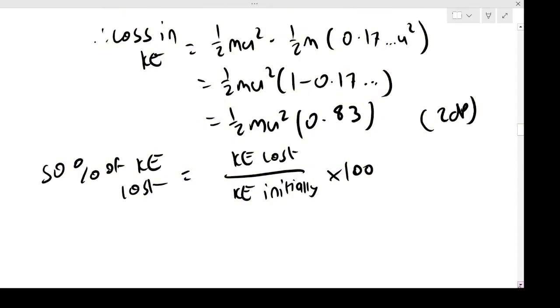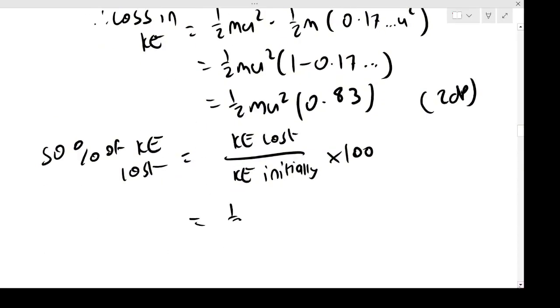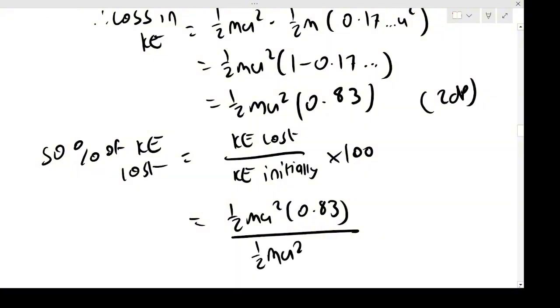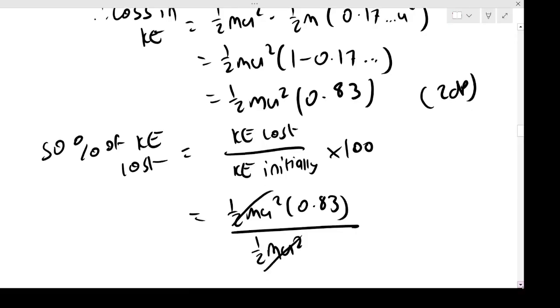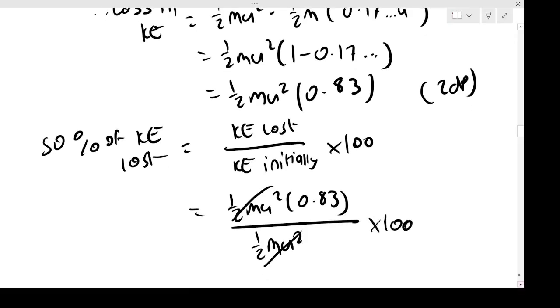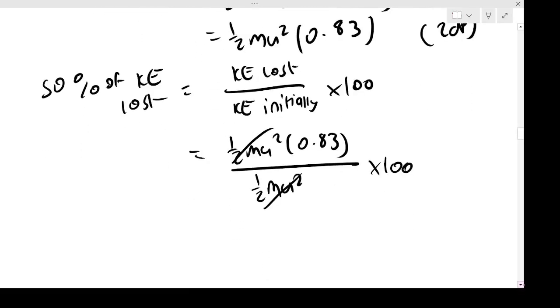Well, we can sub our answers in. So it's going to be half mu squared, lots of 0.83 for the kinetic energy loss, over half mu squared initially. And that's quite nice because the half mu squareds cancel. And then if we times by 100, we get 83%, to two significant figures. And there we are.